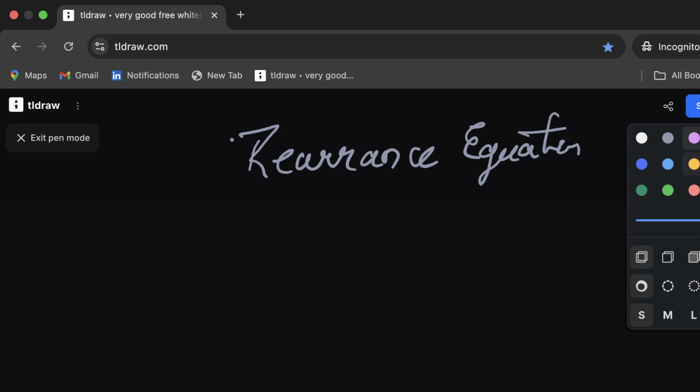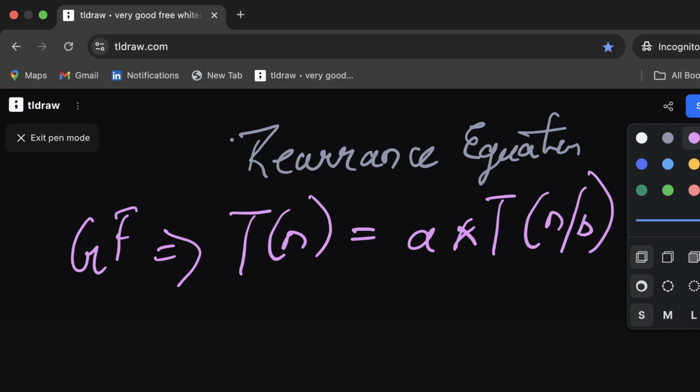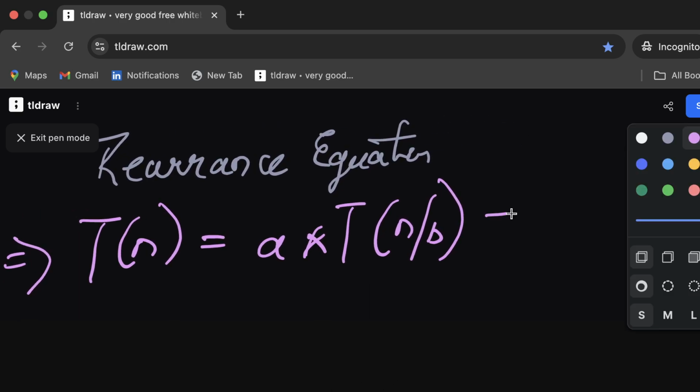The general form of a relation is this. This is my function of time, so this is the equation, a very generalized form of the recurrence relation.